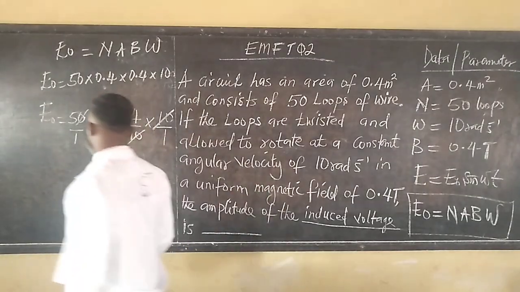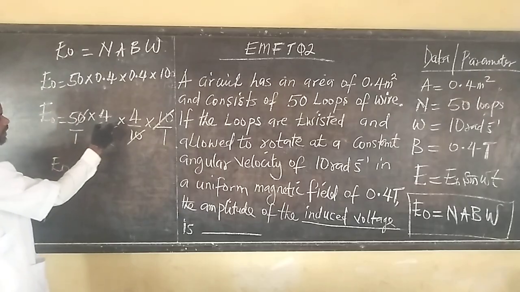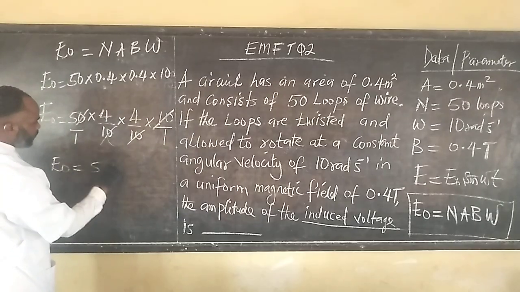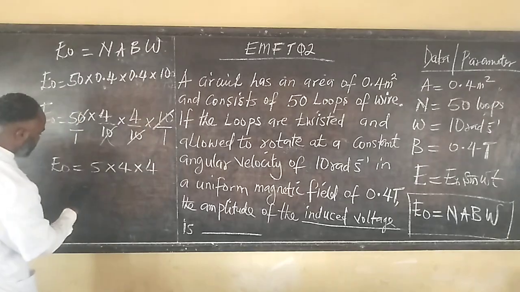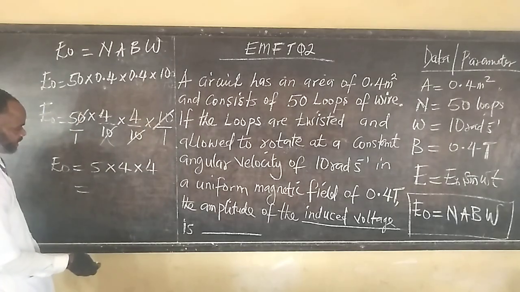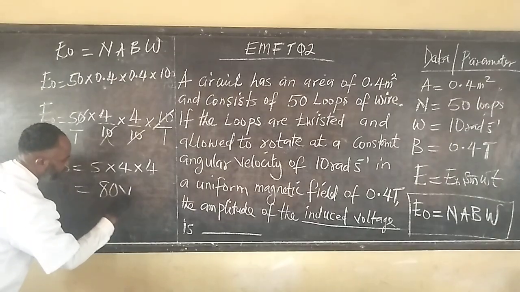We are left with 5, 4, and 4. 5 times 4 times 4. 5 times 4 is 20, and 20 times 4 is 80 volts.